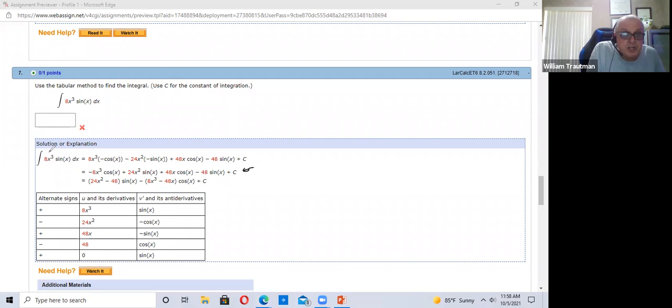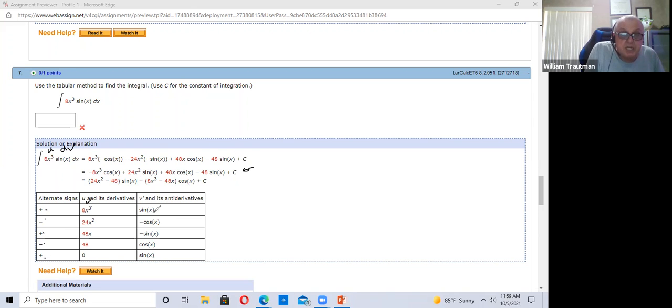So you start off by labeling something U, and then this is dV. If we label this U, then the derivative of this, bring the 3 in front, you get 24x squared. Derivative of this, 48x. Derivative of that is 48. Derivative of that is 0. Then you stop. You alternate signs, plus, minus, plus, minus, plus.